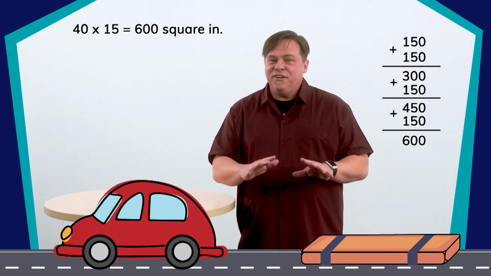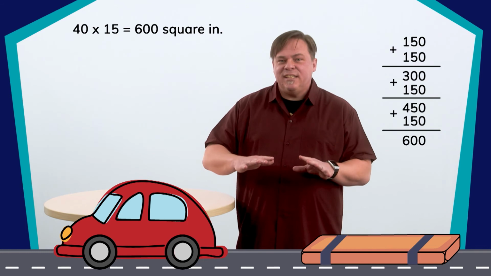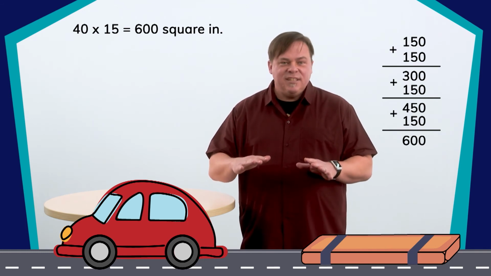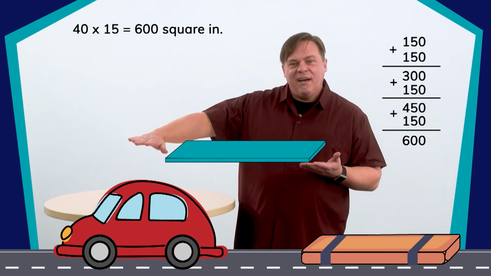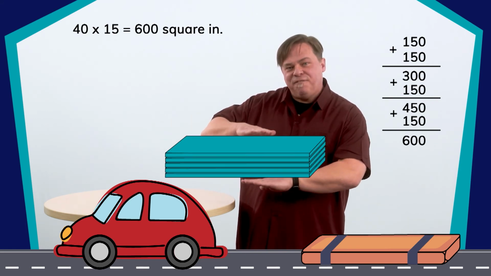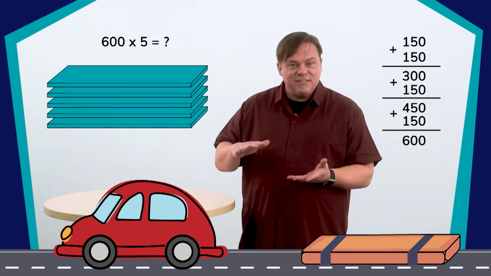Now, I can think of volume. If I made my entire case out of cubic inches, I'd have 600 cubes to make up one layer. I also know that my case is 5 inches tall, so I have 5 layers.